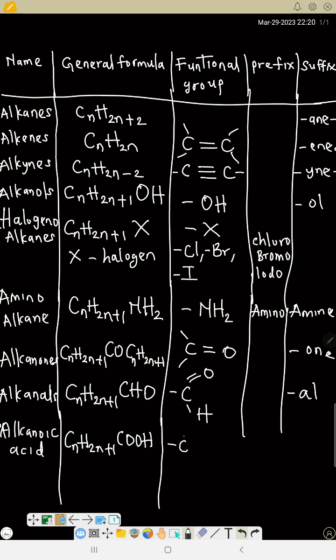The functional group is this, with another O, and we have H. The suffix is OIC. So that is alkanoic acid.